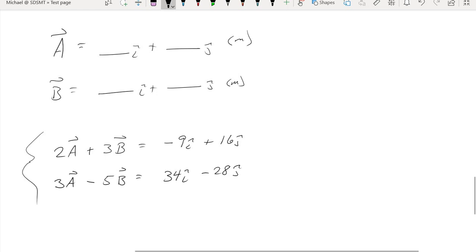So what we have in front of us here is a system of equations where we have two unknown quantities. Vector A and vector B are the unknown quantities. And so what we have in front of us are two equations with two unknowns.